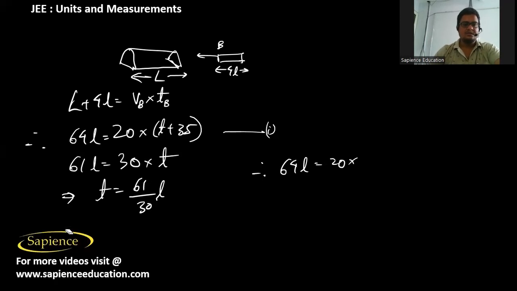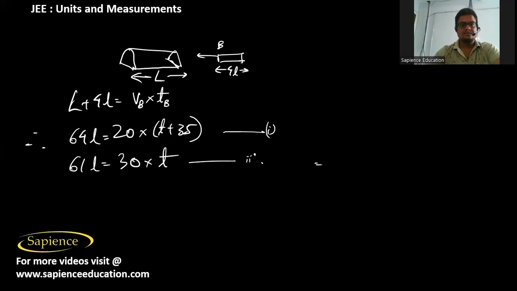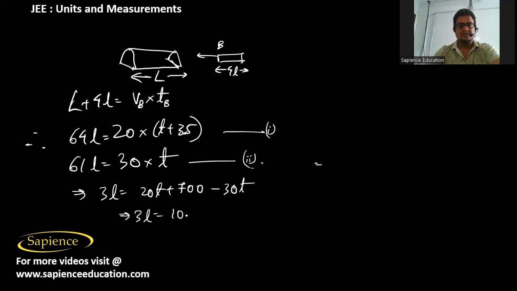We can do one thing, we can subtract these two equations. We subtract these two equations, then we'll get 3L equal to 20T plus 700 minus 30T. So 3L equals 700 minus 10T.